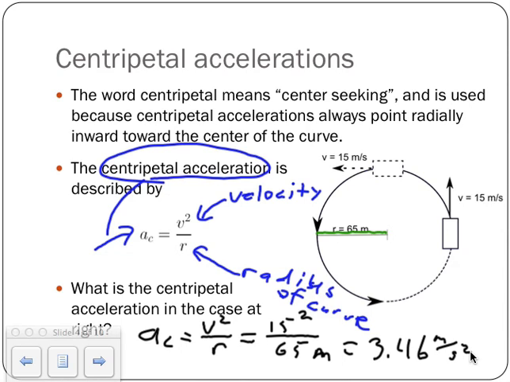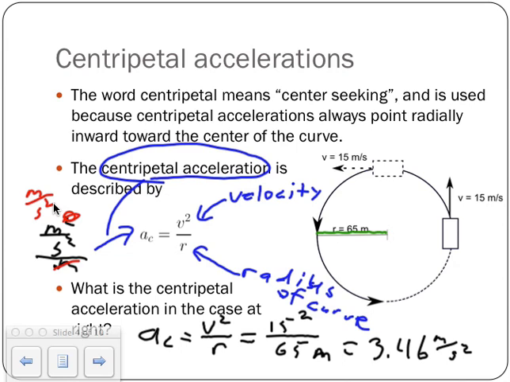Checking the units, v squared would be meters squared per second squared divided by meters. That meter cancels one of the meters squared on top, leaving us with meters per second squared, which is a unit of acceleration, which is what we expect. So that would be an example of how you would find a centripetal acceleration.